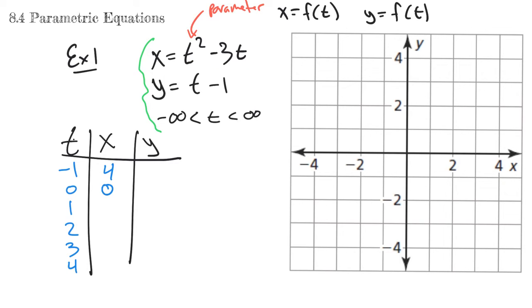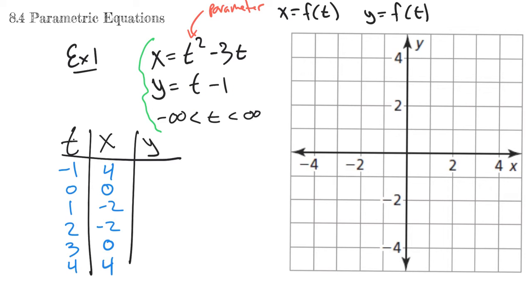Then 1 minus 3 is -2, and then 4 minus 6 would be -2 again. Then we get 3, so 9 minus 9, it's 0, and 16 minus 12, it's 4. Some symmetry there.